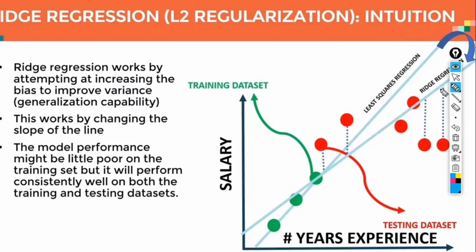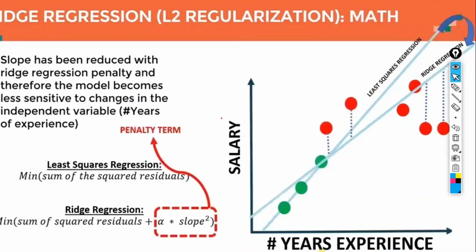Is that clear? So now here that bias is nothing but alpha into slope square. Just in order to understand ridge regression, it is very simple. First, linear regression. What is meant by linear regression? Linear regression means which is passing linearly. That is basic. What is the method in that?